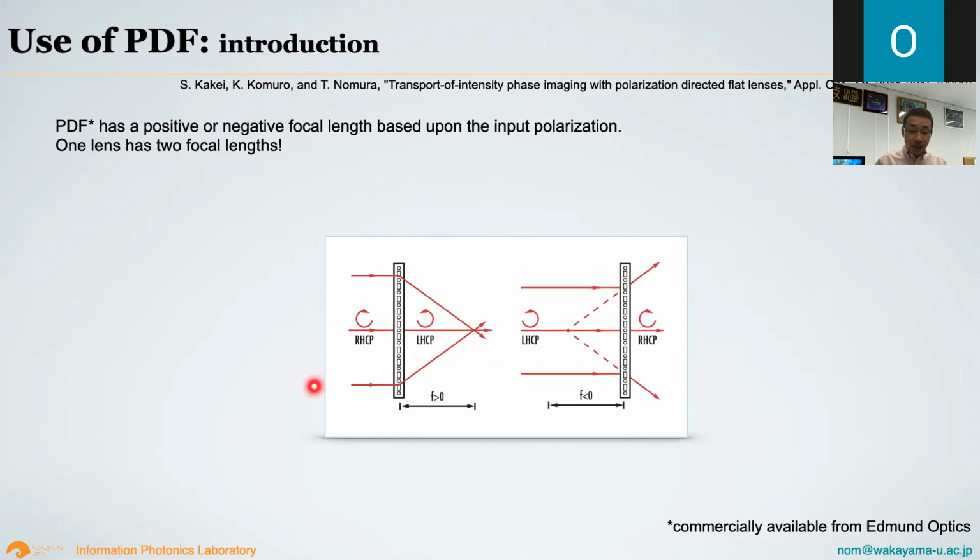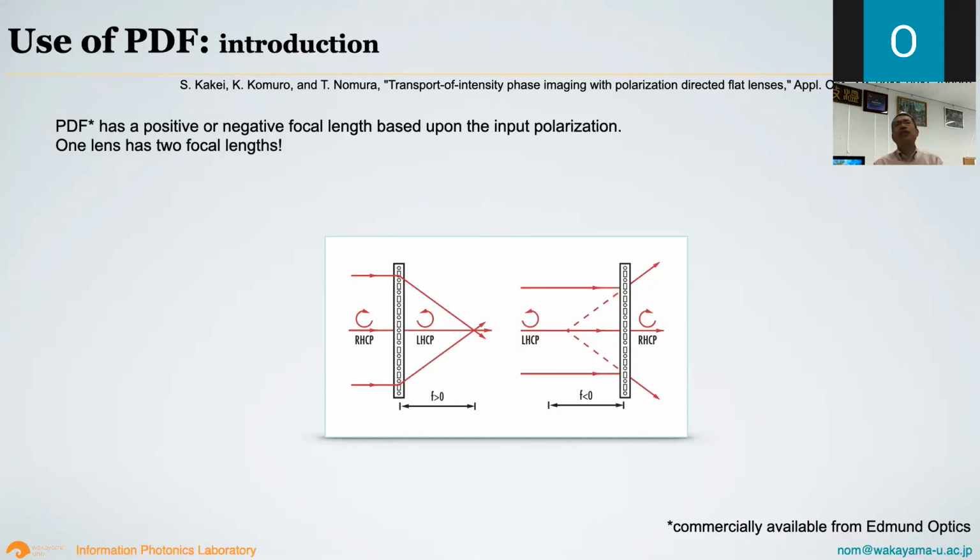If right-hand circular polarization is coming, it works as a positive lens. If left-hand circular polarization is coming, it works as a negative lens. One lens has two focal lengths, so we use this lens for TIE.